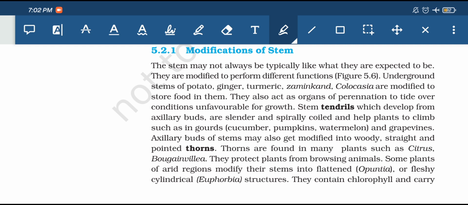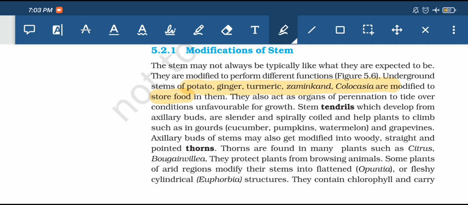Underground stems of potato, ginger, turmeric, zaminkand are modified to store food in them. So the first thing is storage of food. Storage of food in what? Potato, ginger, turmeric, and zaminkand. These are the stems which store food in them.